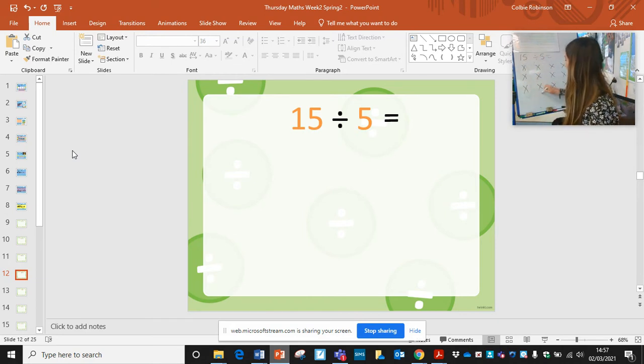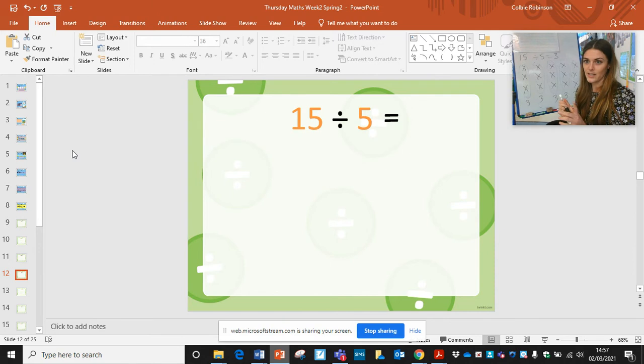So I would circle my groups after, if you feel that you need to do that. And then we need to count how many's in each group. So you might be able to just recognise that there's 3 there without counting. 1, 2, 3. And then if it helps you, again, this is an option, you can write the number underneath. You don't have to do that bit if you can see what the number is. And then after your equal symbol, the answer is 3.